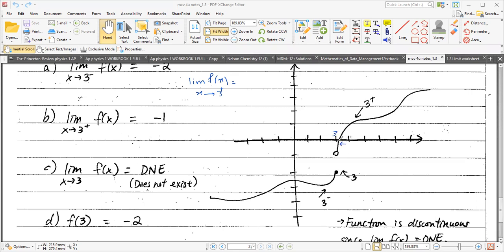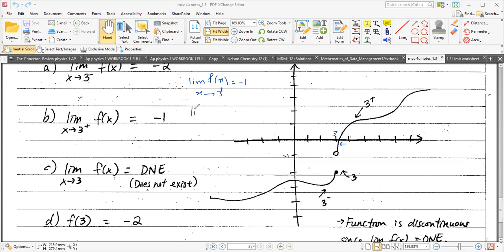If x go to 3 from higher value, what is the y value getting to? So I have to look at this part of the graph, because this part of graph is for higher value of 3, right? So I followed that. I x get close to 3, the y get close to what? Here, -1.